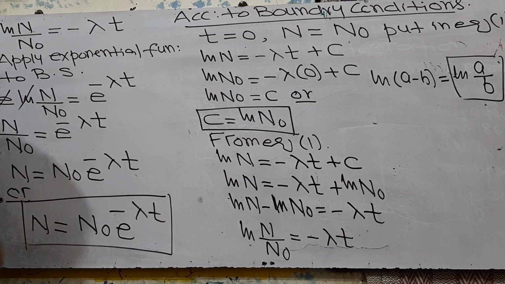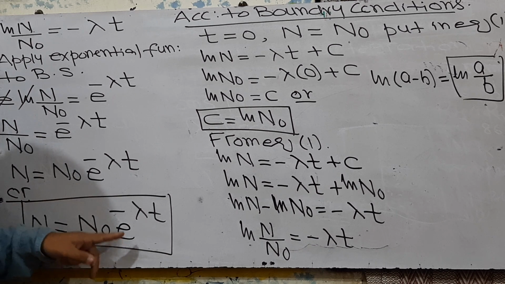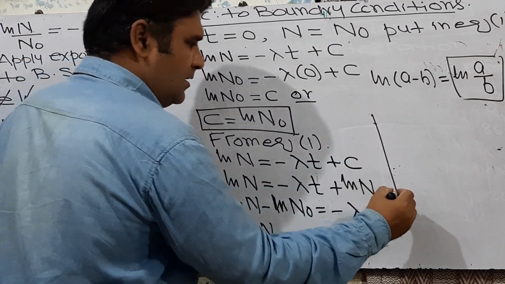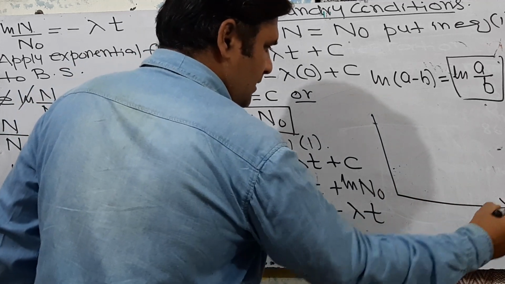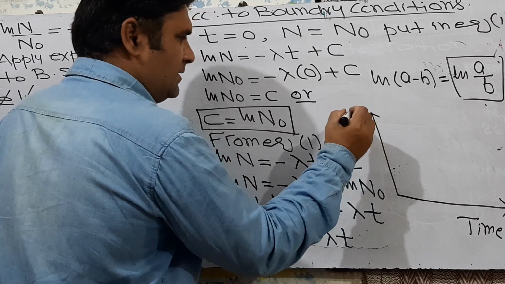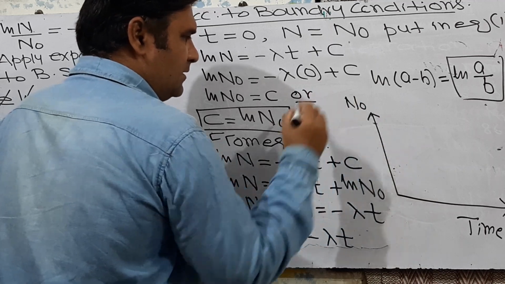So if you draw the diagram of the random function regarding radioactivity, this is the time, and this is the number of the original atoms.